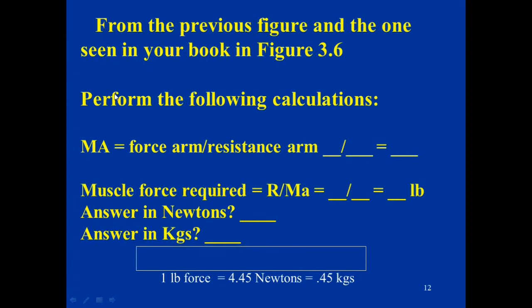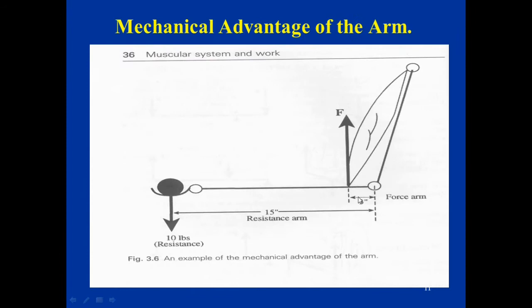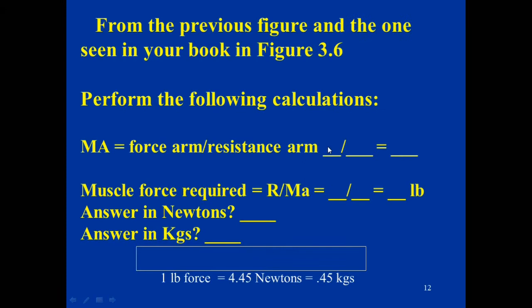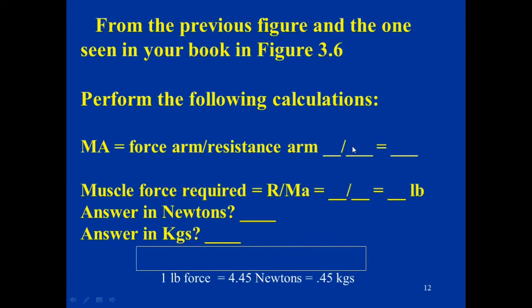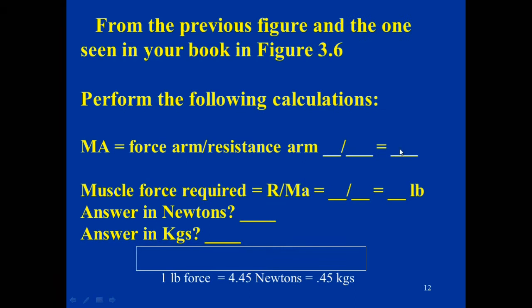So if we do this calculation, we want to perform the following equation where the force arm is over the resistance arm. The force arm right here is 3 inches, and the resistance arm is 15 inches. So you have 3 divided by 15, which gives you 0.2. Then you have the muscle force required, and this is your resistance.